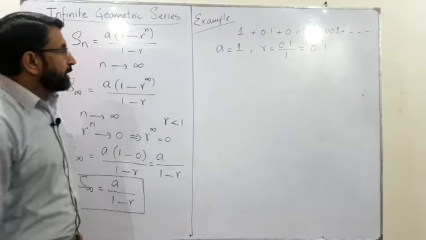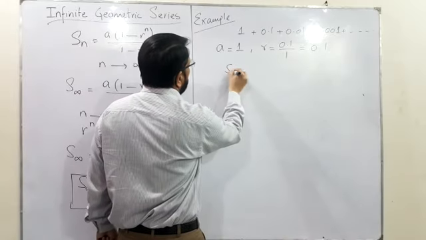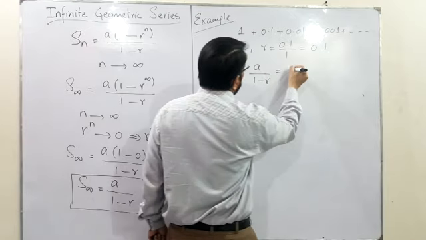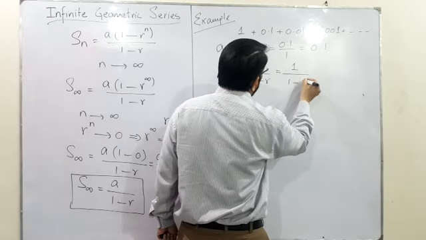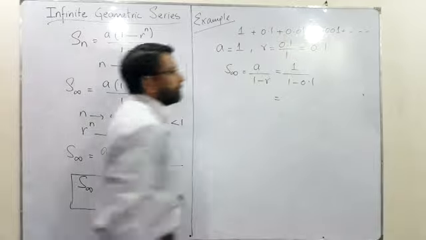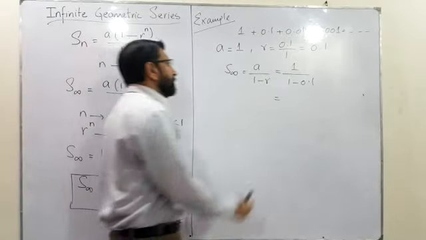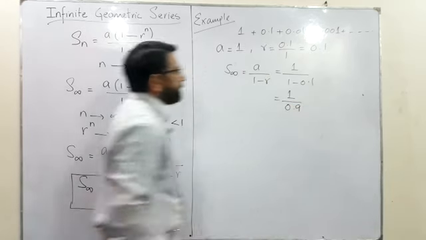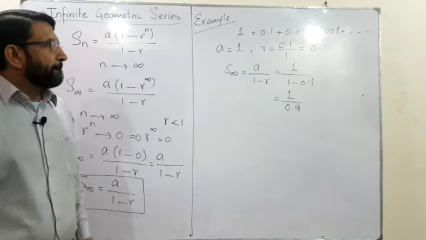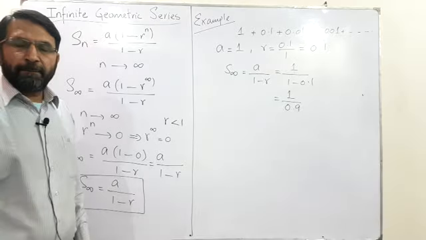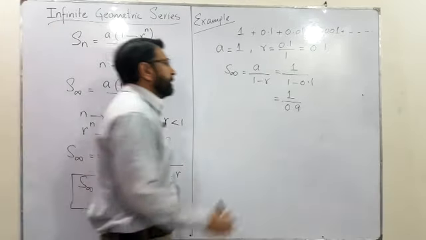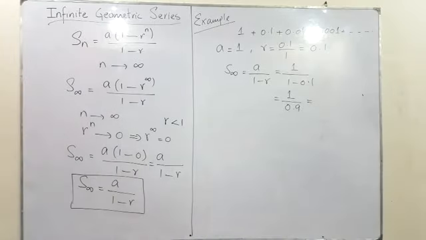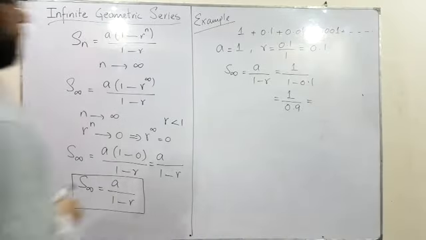If you are looking for the sum to infinity, S infinity is going to be a over 1 minus r, which is 1 over 1 minus 0.1, which becomes 1 divided by 0.9. And obviously 1 divided by 0.9 gives you 10 over 9.